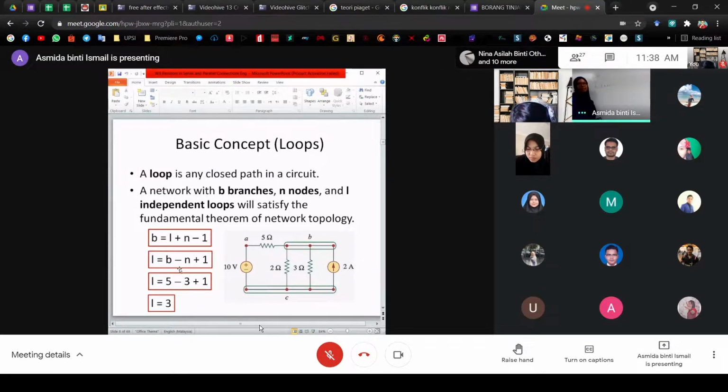I is a loop. How many loops you have? And N is a node.